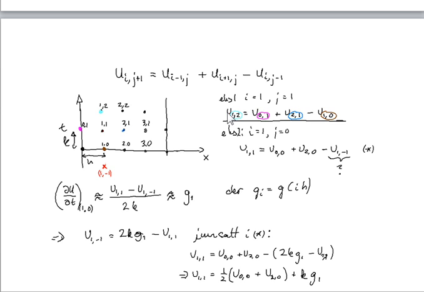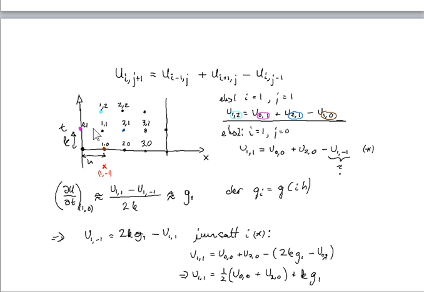And here we see that the number 1, 2 refers to this point. 0, 1 is this point. 2, 1 is this point. And 1, 0 is the lower point here.